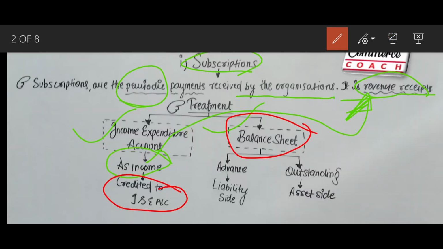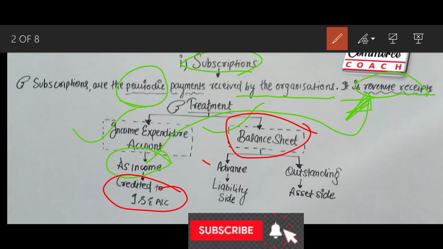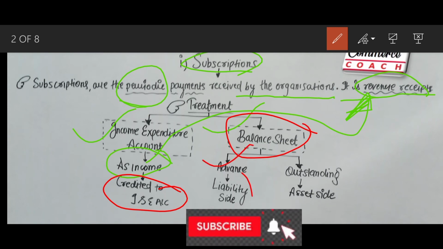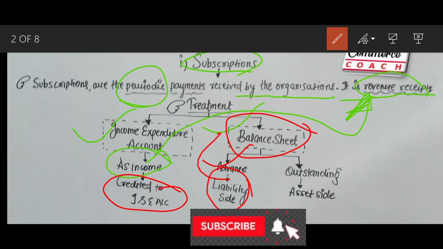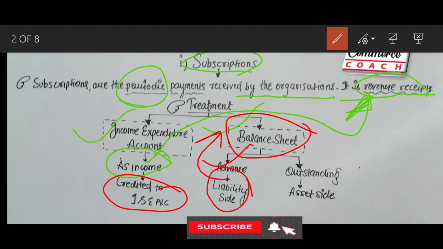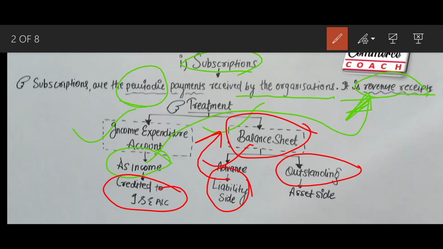If you have received subscription in advance, then it will be considered as a liability and will be shown on the liability side in the balance sheet. But if you have not yet received, but the time has come for the periodical subscription payment, then it becomes outstanding and it will be shown on the asset side.